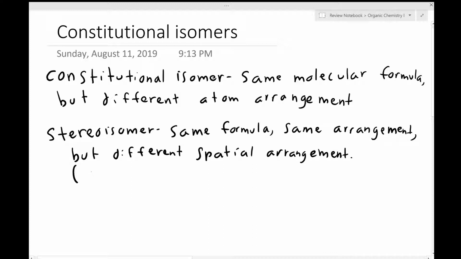Another way you could say it is the molecular bonds are in the same order.